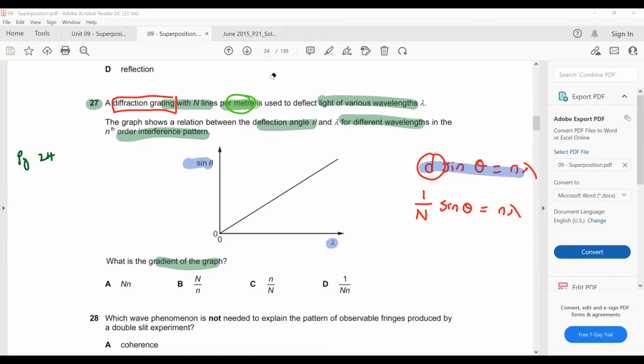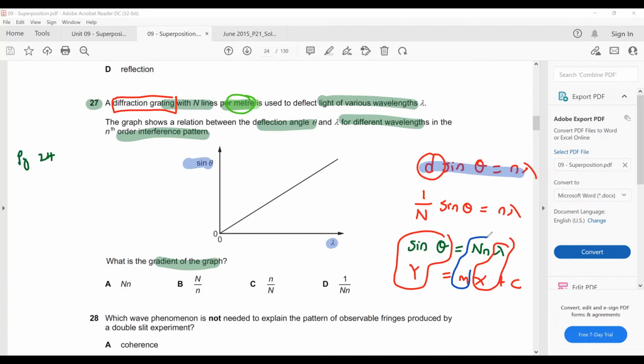Okay. So this one eventually gives me sine theta equals N times n lambda. So equate to the equation of a straight line, y equals mx plus c, where the y-axis is sine theta, lambda is x, and the gradient is going to be this one.